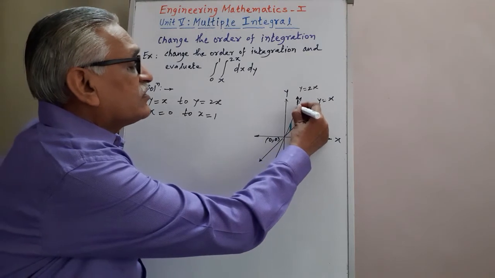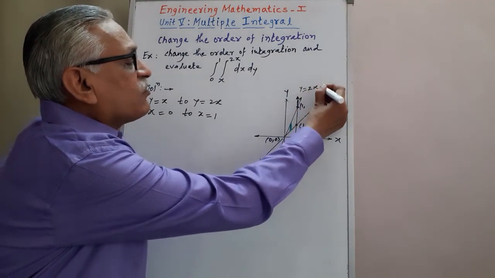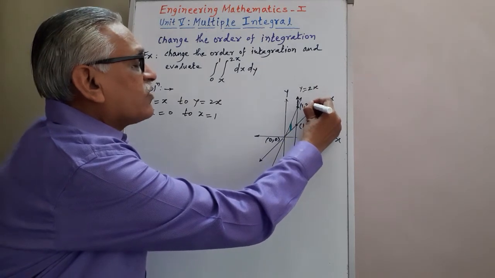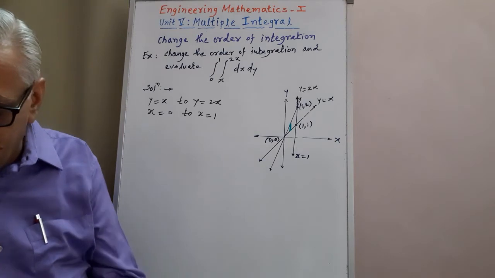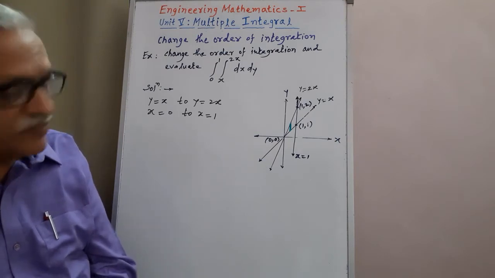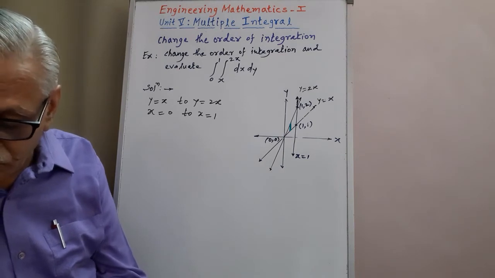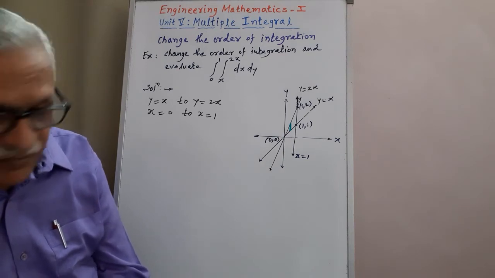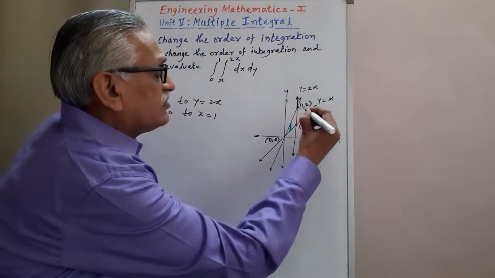Next, x is 1, then y equal to 2x, we get y equal to 2. Therefore, shade the region of integration. Therefore, we show that region.